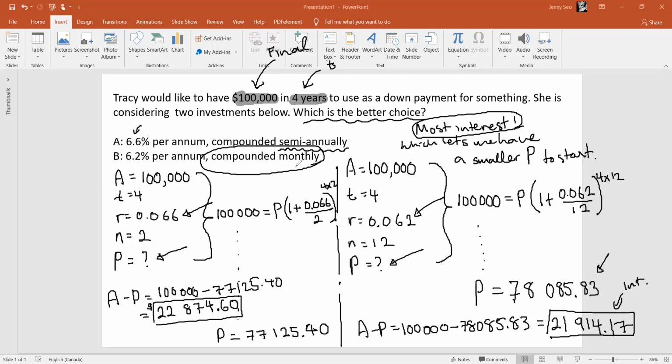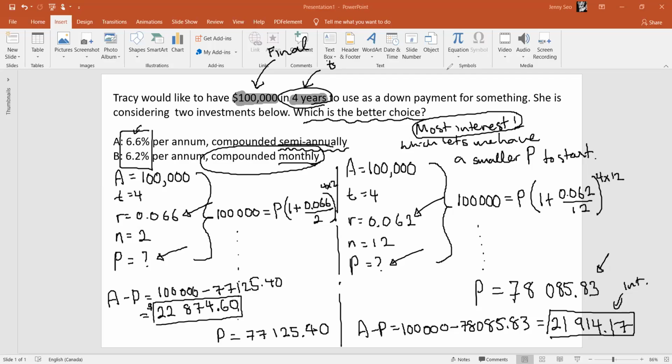The question we did yesterday, it was often in a period of maybe 10 years, 20 years, even 48 years when you, at the age of 17, finally retire, right? So it gives an opportunity for the compounding to actually snowball. But when we're only doing 4 years, semi-annually versus monthly, it makes a very small difference. The biggest difference would come from having a better interest rate.